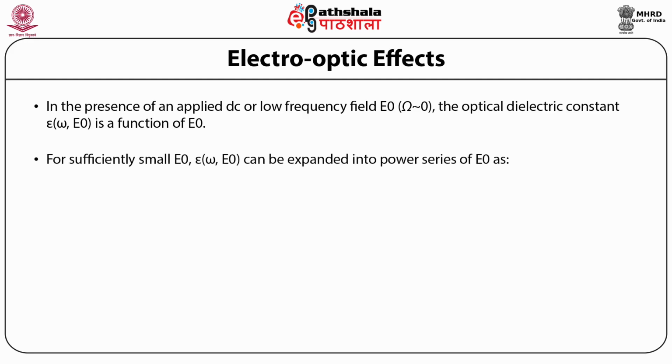For a sufficiently small value of E naught, epsilon of omega, E naught can be expanded into a power series of E naught as epsilon 1 omega plus epsilon 2 omega plus omega E naught plus epsilon 3 omega plus 2 omega E naught square, and so on.